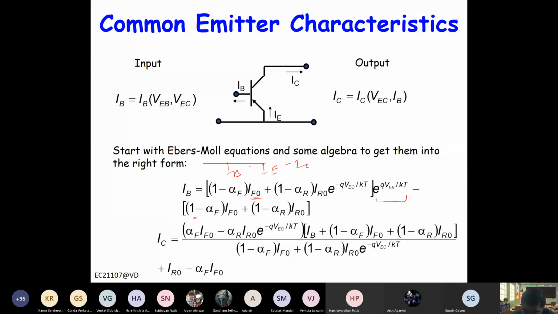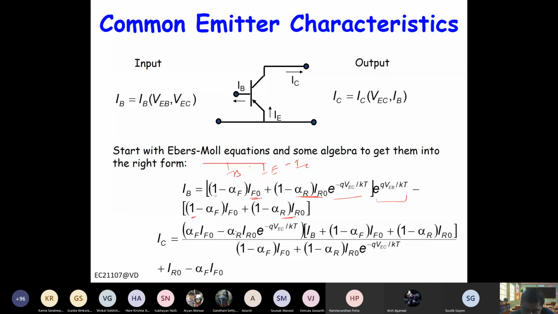So this is IF naught, minus 1. Then VCB by KT is alpha R times IR naught. VEB minus VEC will be VBC, right? And minus this.